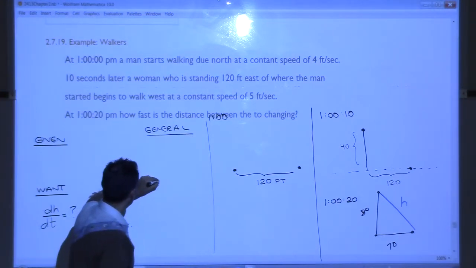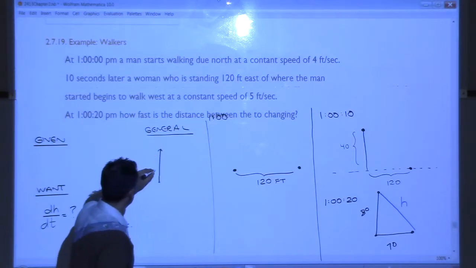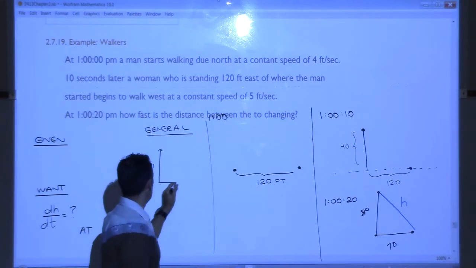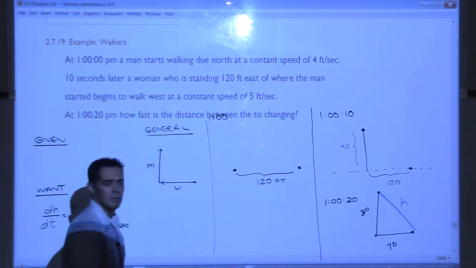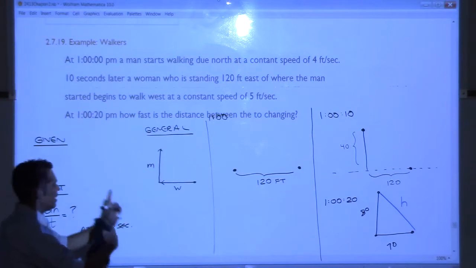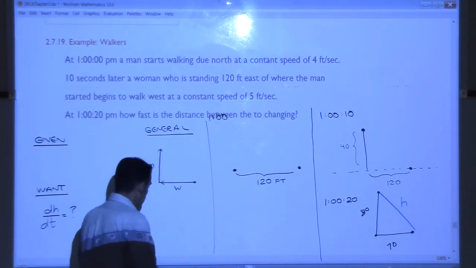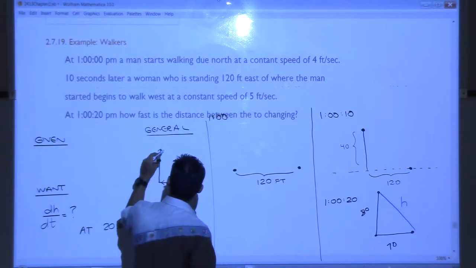We've got a man that's moving in this direction, and we can call that M. And we've got the woman who's moving in this direction, we call that W. I could call it X and Y if I want. He's moving, she's moving, right? So our H is still between them.